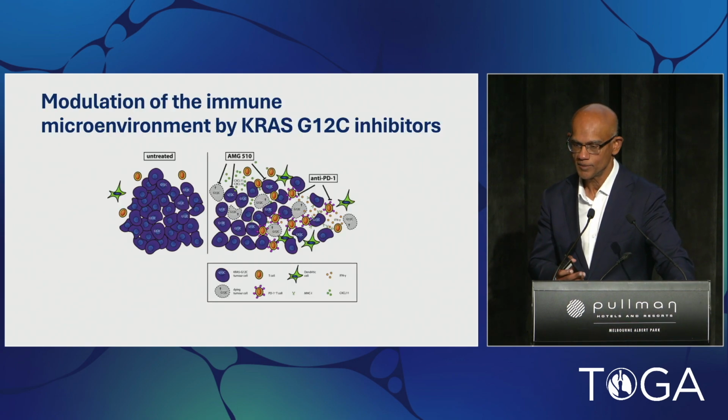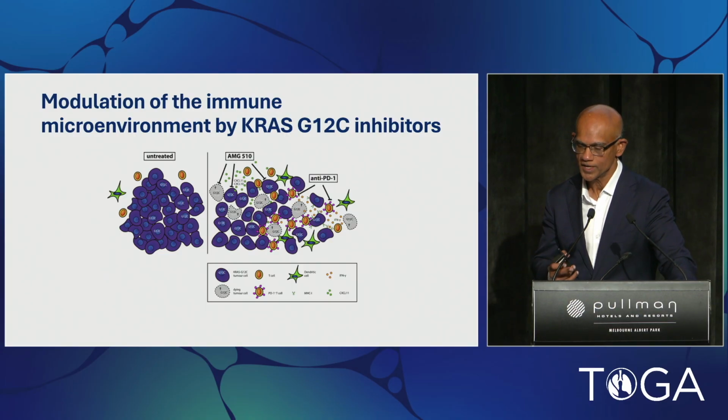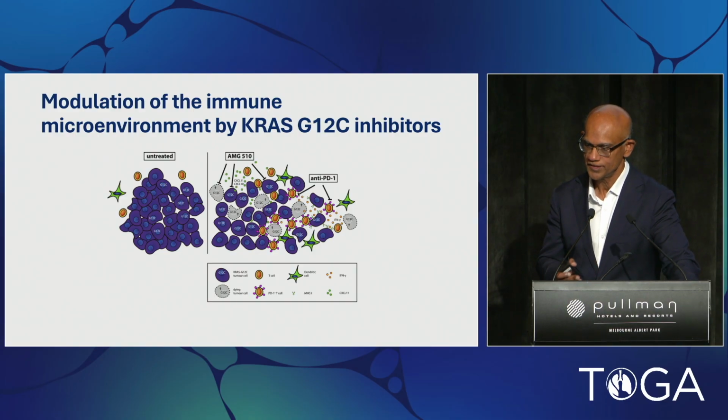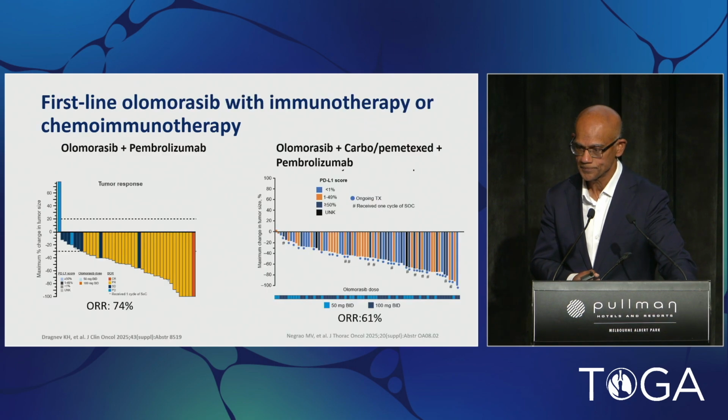There's a lot of interest in combining, and we'll hear more about this from Kate's talk, interest in combining G12C inhibitors with immunotherapy. Part of the rationale for this is that G12C inhibitors or KRAS inhibitors can modify the tumor microenvironment, doing things like increasing MHC expression, altering the composition of the microenvironment, potentially making tumors more immunosensitive, so hence a rationale for combination with immunotherapy.